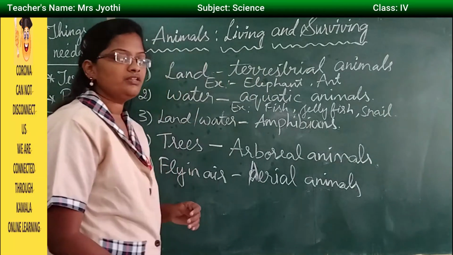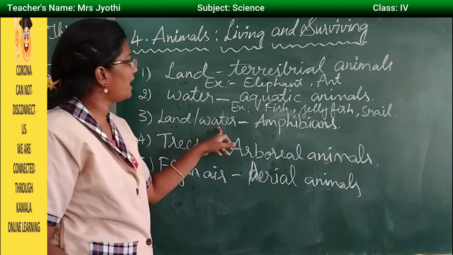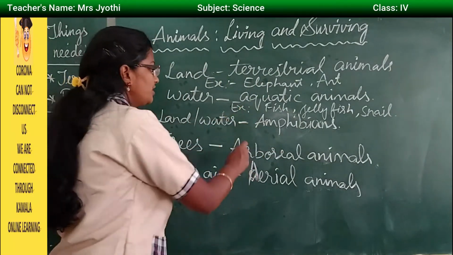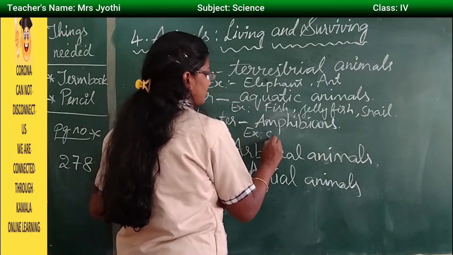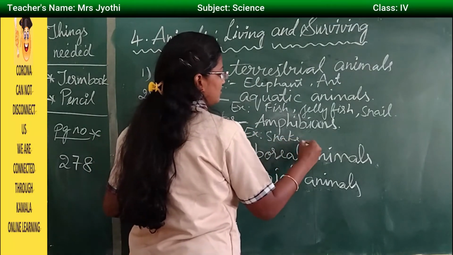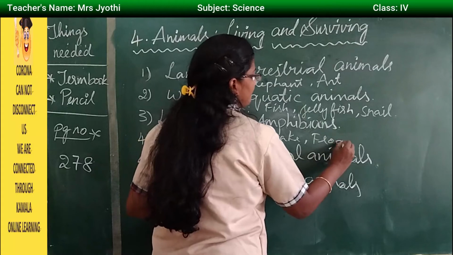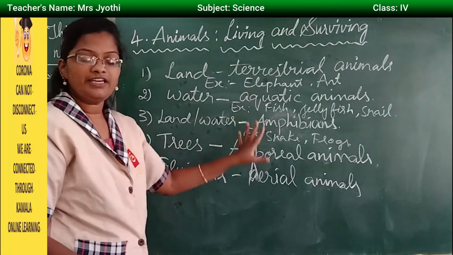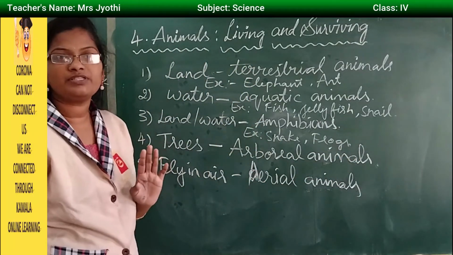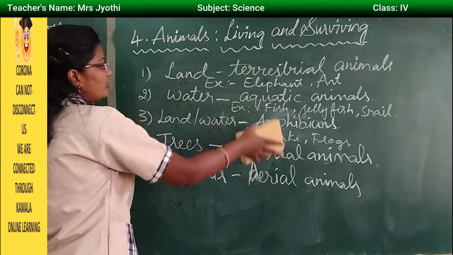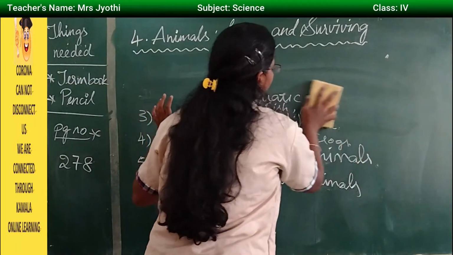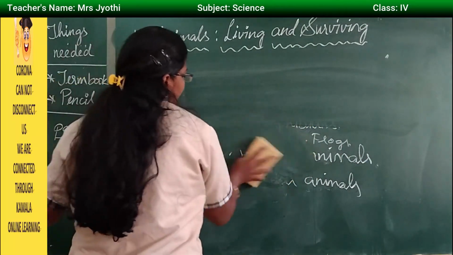They all live in water. Then land and water, amphibious, like snakes, frogs. So like this, for each you have to give two examples and write. Already 3 I have written. The remaining 2 you have to write.